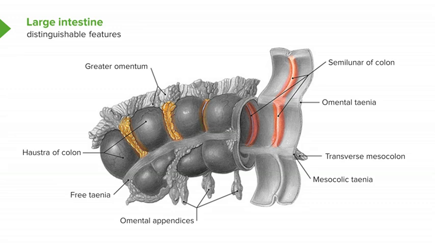We can see, if we return to the tenia coli, that we have 3 types of tenia coli. We have the omental tenia, and this is the part that attaches to the greater omentum. So the greater omentum hanging down from the transverse colon will actually be attached to the omental tenia. The mesocolic tenia is where the transverse mesocolon attaches.